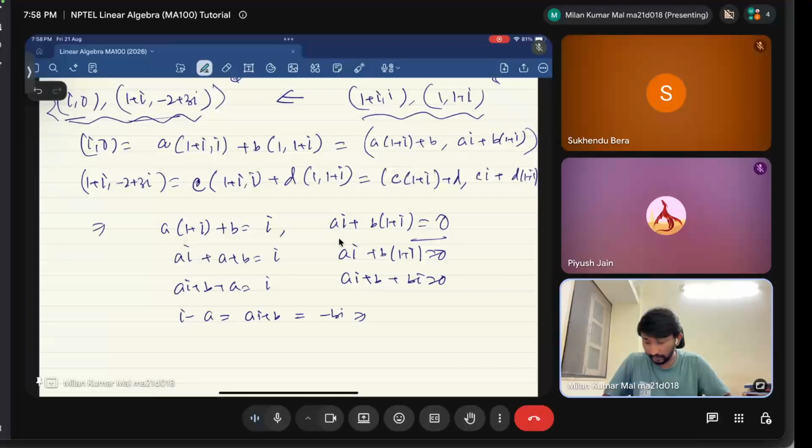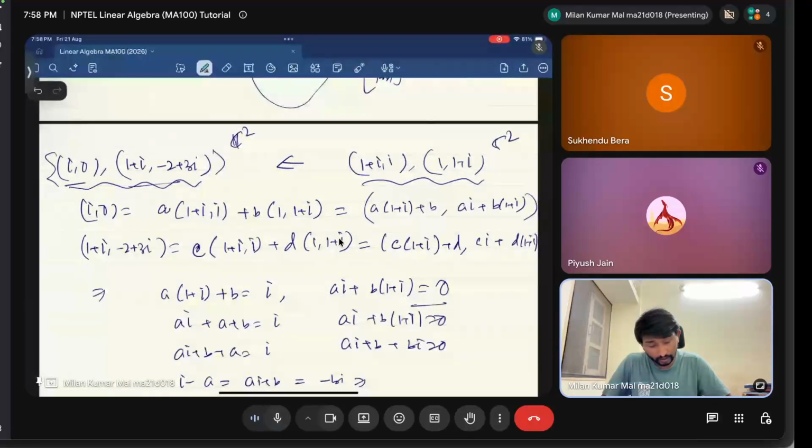First of all, let me check whether I have written all the notations correctly or not. Otherwise, everything will be in an absurd situation.